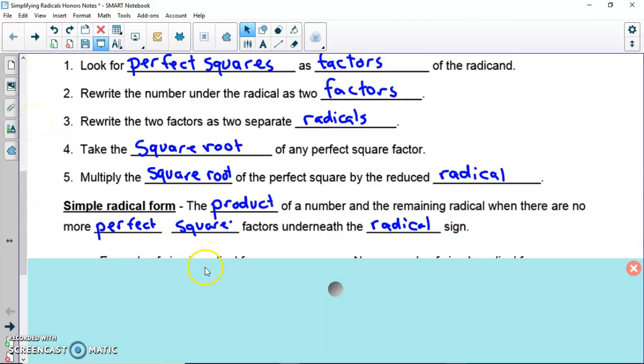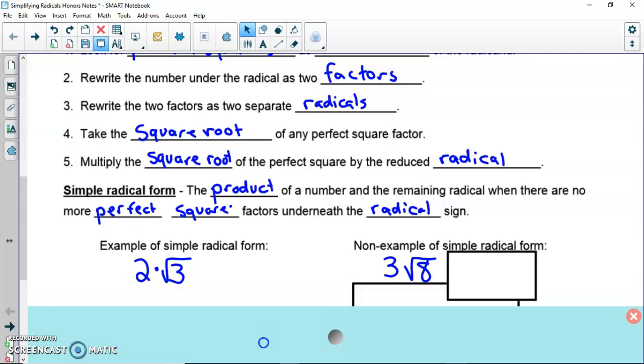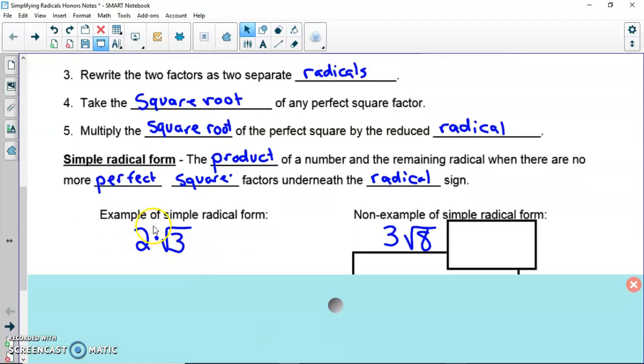And then we're looking for a number in front possibly, and then no perfect square factor within the radicand. So an example of simple radical form is 2 times the square root of 3. It's a product because it's multiplication. There's a number in front, and there are no perfect squares, none of those numbers listed above, that divide evenly into 3. So 2 times the square root of 3 is simple radical form.